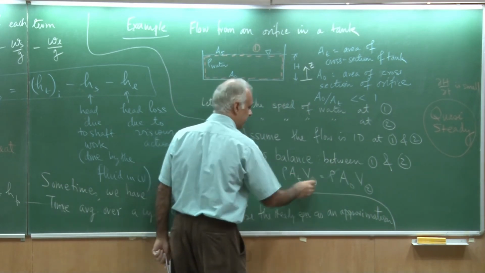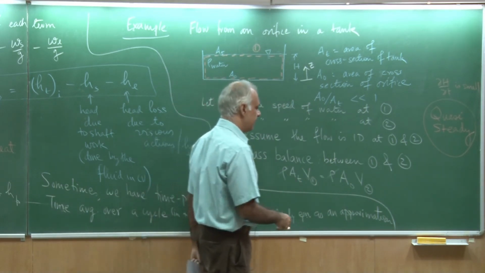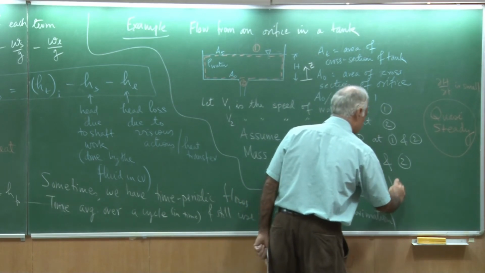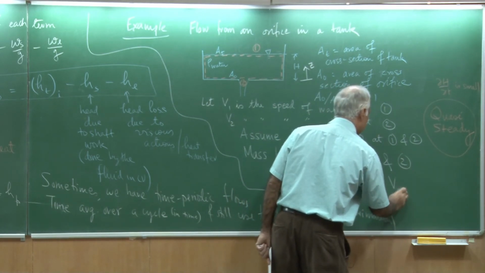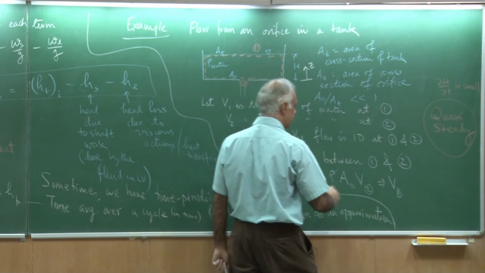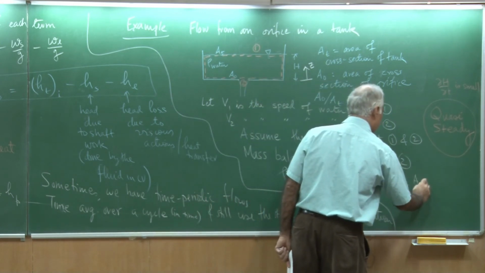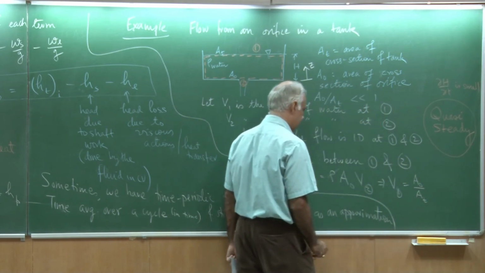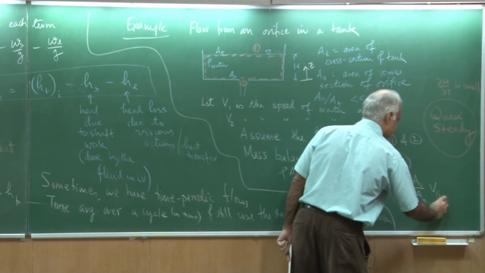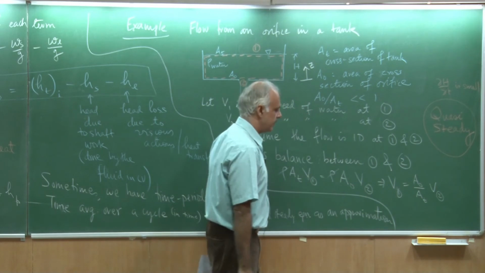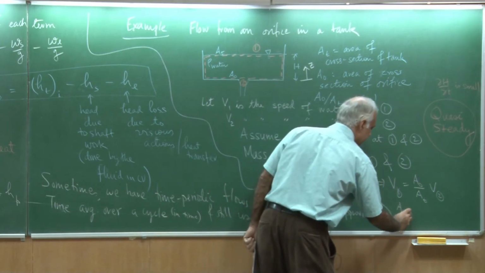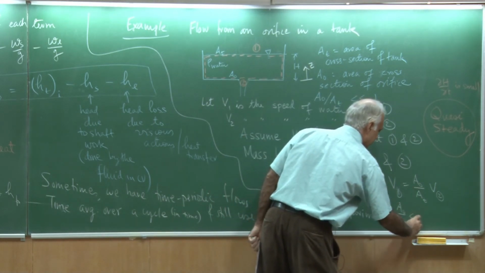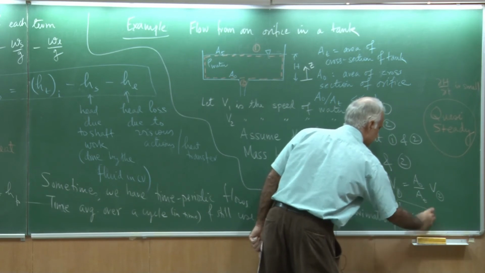So I could strike the densities out, and this would imply that V1, which is the velocity here, is A naught by A tank times V2. But A naught by A_T is very small.